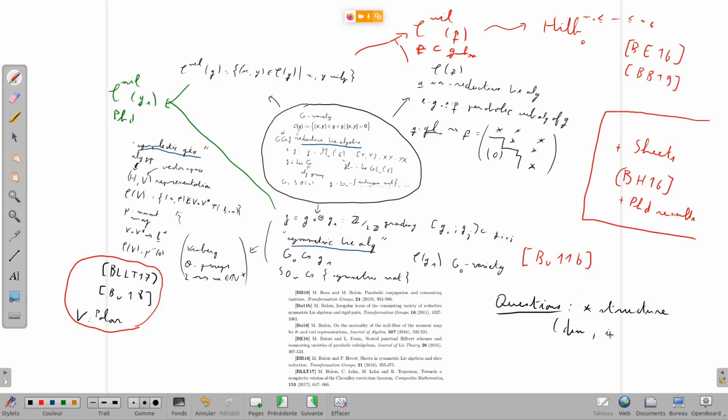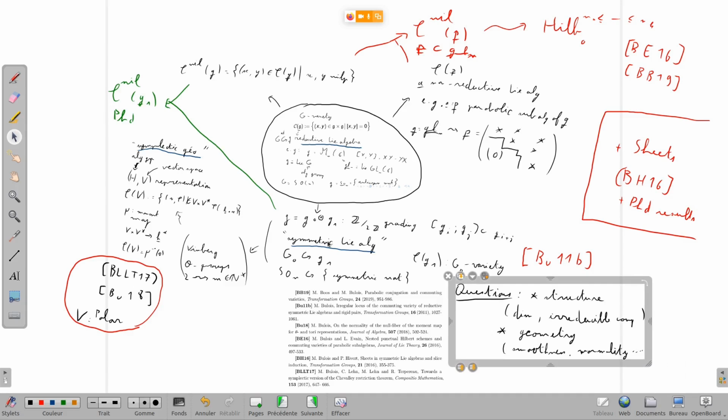We can ask on the irreducible components, whether the variety is irreducible or not, or what are the irreducible components. We can look at finer geometry problems. So I have in mind smoothness or smooth locus, also normality questions, and also reducedness questions.